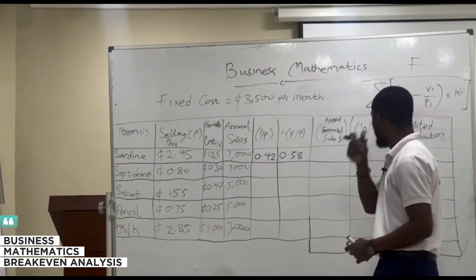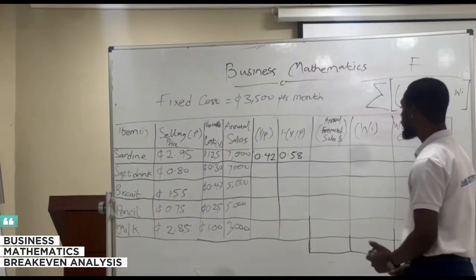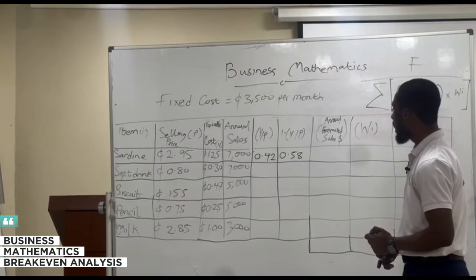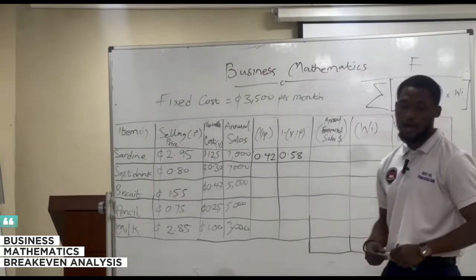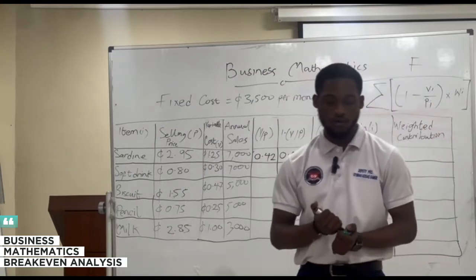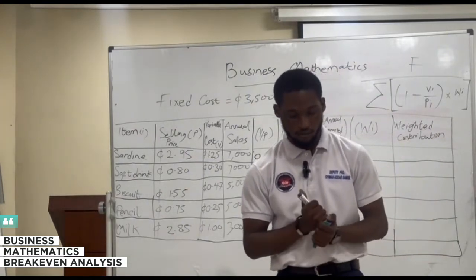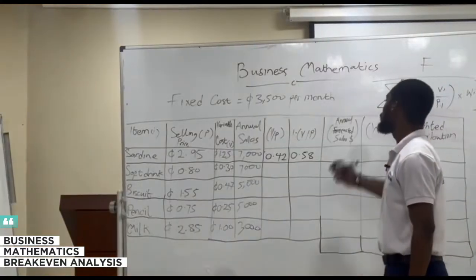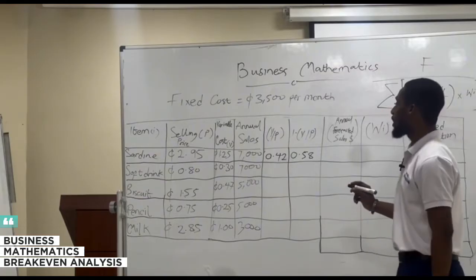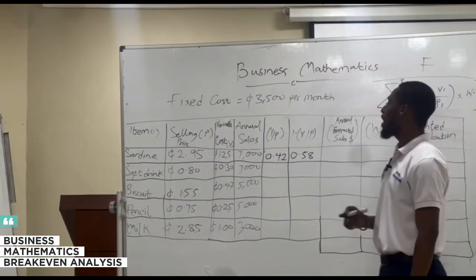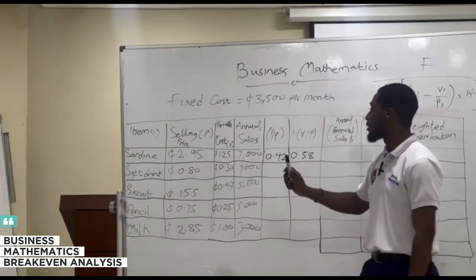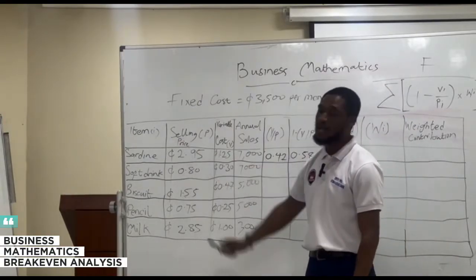So now we have our annual forecasted sales. How then do we find our annual forecasted sales? To find our annual forecasted sales, we have to multiply our annual sales by the selling price for sardine.